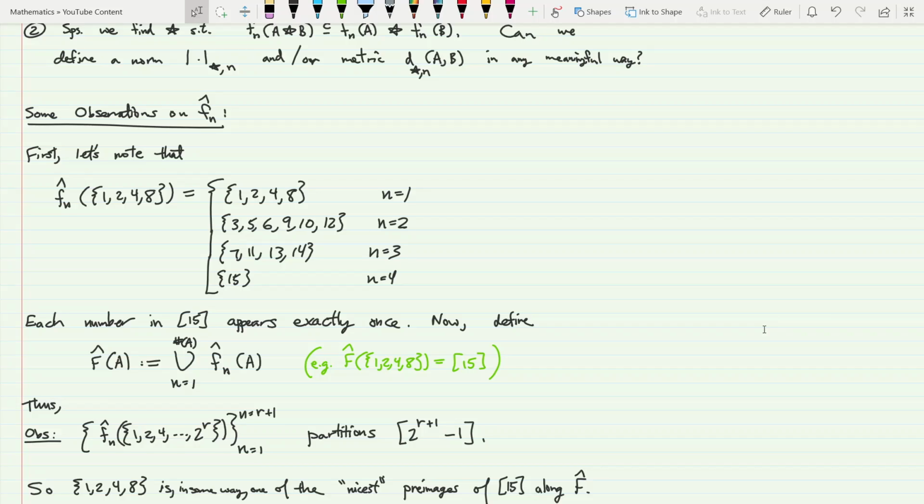So let's move on instead to what I think is more interesting to me, which is fn hat. First I'm going to look at fn hat of this set, 1, 2, 4, 8. Same thing happens when we look at the layers. So the set of sums of length 1 is the same thing. N equals 2, the set of sums of length 2. These are unique sums, so there's at most 4 choose 2, which is 6 elements in this set, and there are exactly 6.